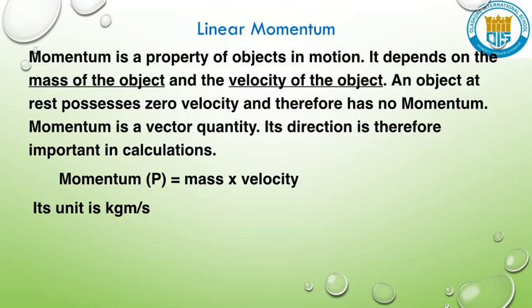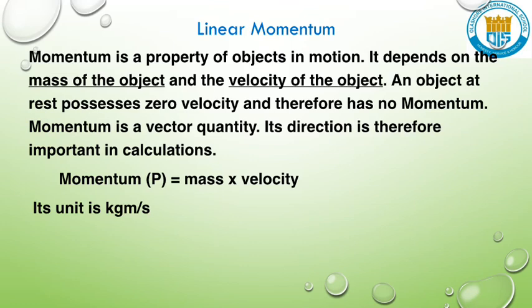So I say again, for an object to have linear momentum, it must have two things. One, it must have a mass, which we can take for granted that it does. And then two, it must have a velocity. If these two quantities are not there, then the object does not have a momentum.